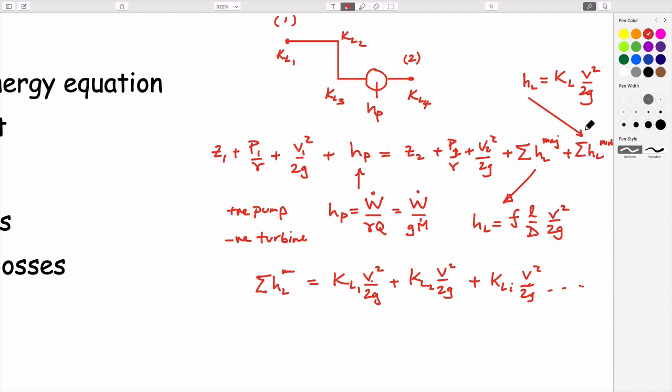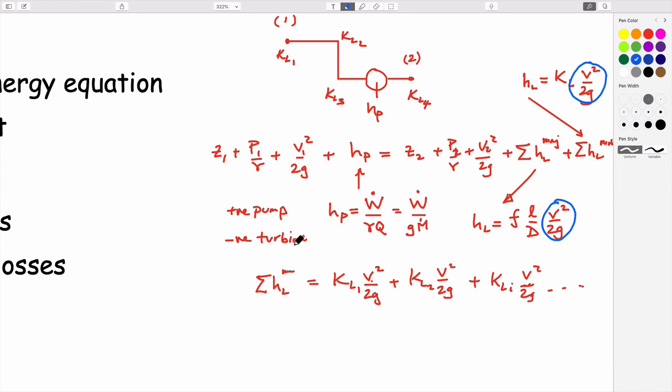And notably, for us, the term that they're multiplied by and the term that the major losses are multiplied by become something that can be taken out of a bracket.